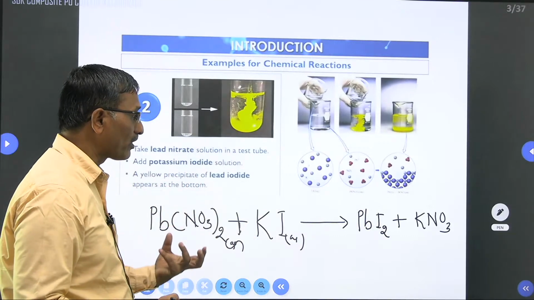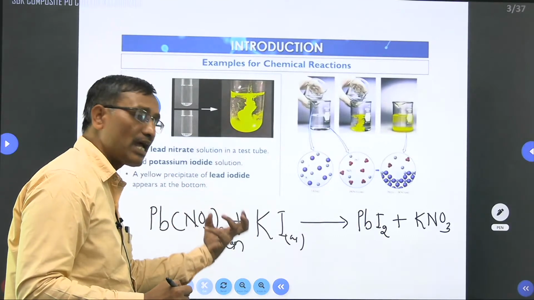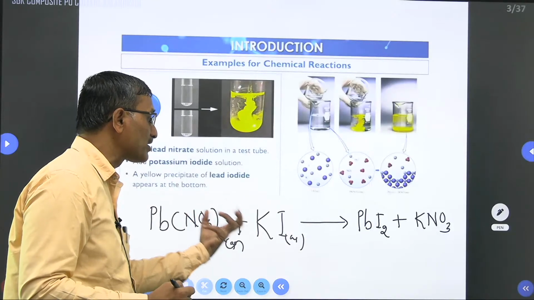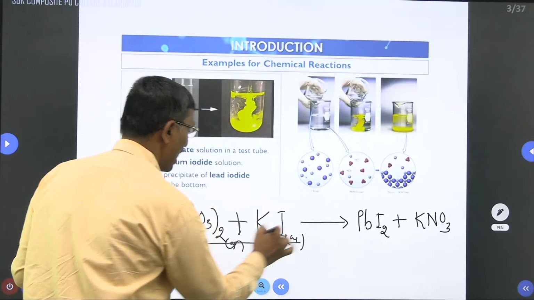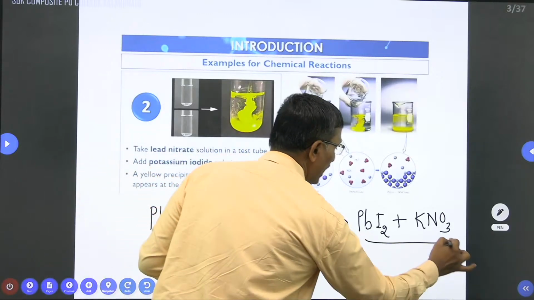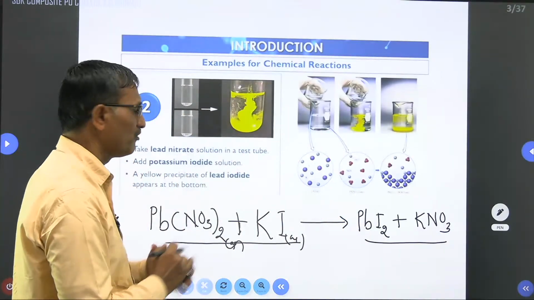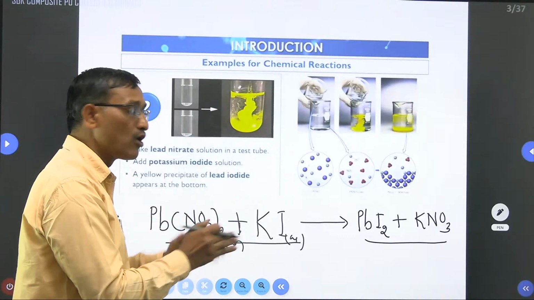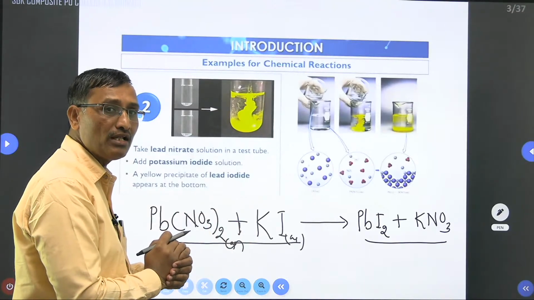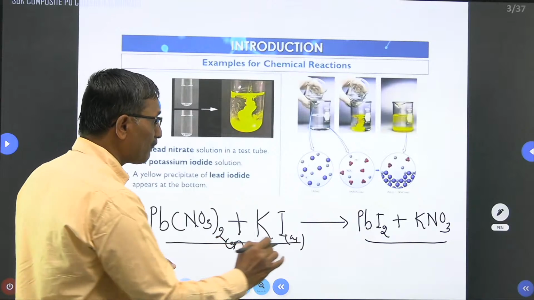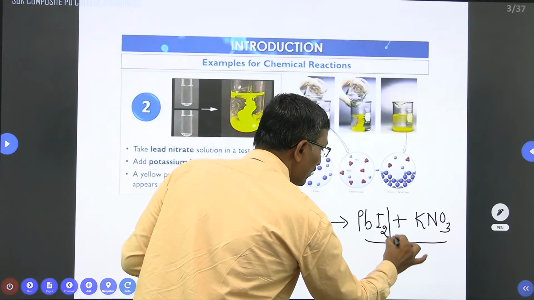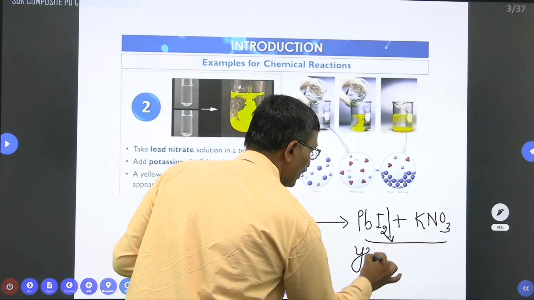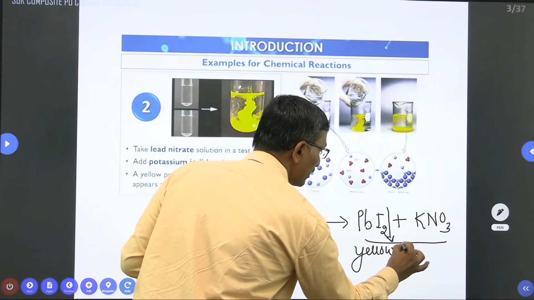But one thing you have to remember, this chemical reaction is not a balanced chemical reaction. These two are known as reactants, these two are known as products, student. We will learn how to balance, and why to balance, the chemical reaction. This lead iodide is in the form of a yellow precipitate.